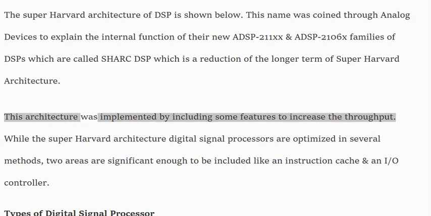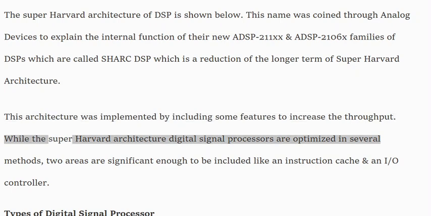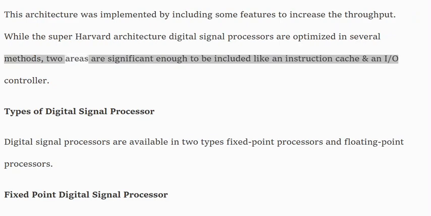This architecture was implemented by including some features to increase the throughput. While Super Harvard architecture digital signal processors are optimized in several methods, two areas are significant enough to be included, like an instruction cache and an I/O controller.